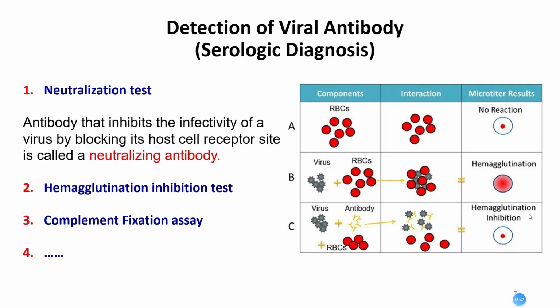So this is the hemagglutination inhibition test. Inhibition is due to the presence of neutralizing antibody, which inhibits the hemagglutination. And this method can also help you to detect the presence of antibody in the patient's serum.